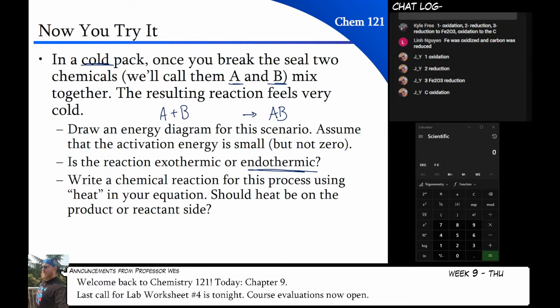So first, do these steps actually in reverse order, really. So do the bottom step first, write a chemical reaction, and then put heat somewhere in this reaction, and then draw the energy diagram for it.